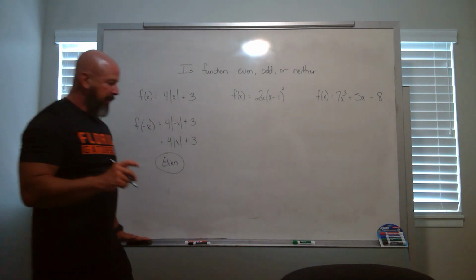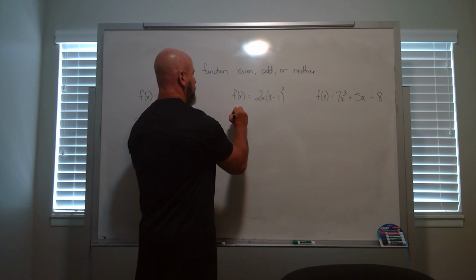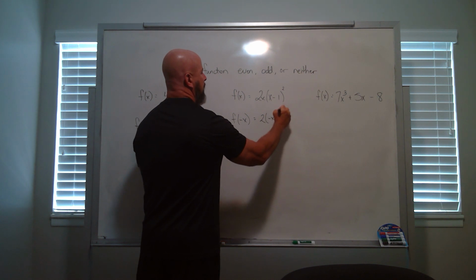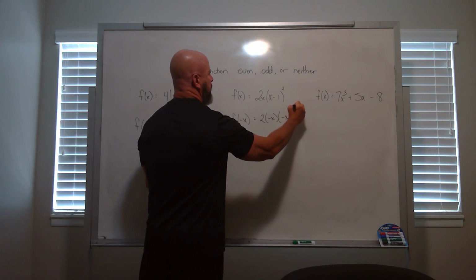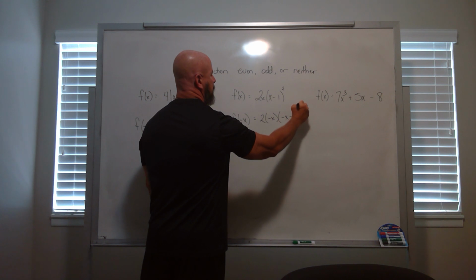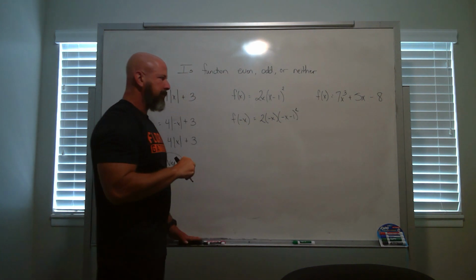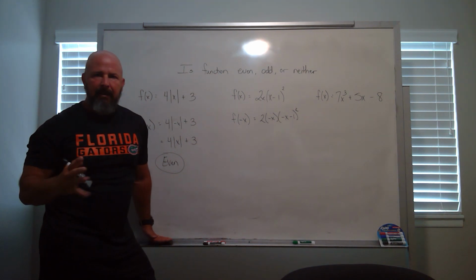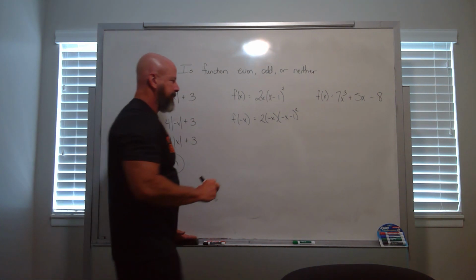Second one, I'm going to find that f of negative x first. So I'd have 2 times negative x times negative x minus 1 squared. So, a little bit more of a pain to simplify on this one.